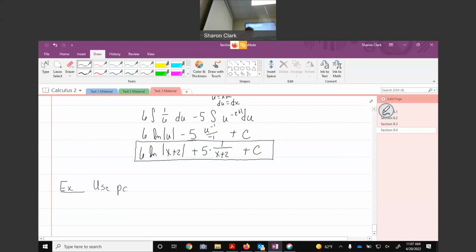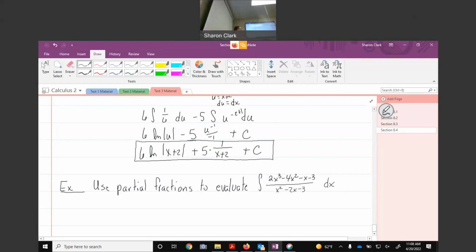Use partial fractions to evaluate the integral of 2x cubed minus 4x squared minus x minus 3 over x squared minus 2x minus 3 dx.